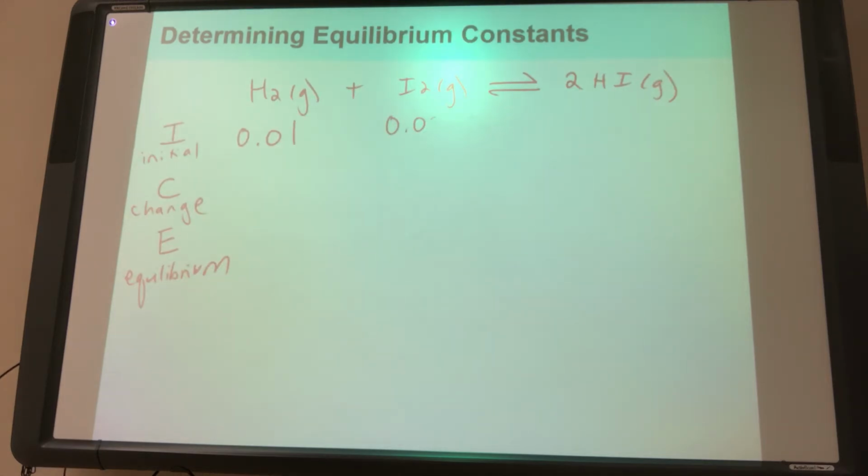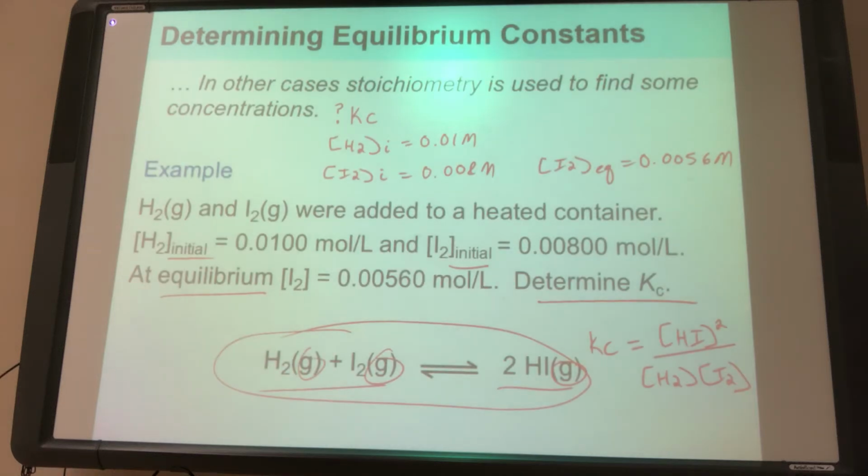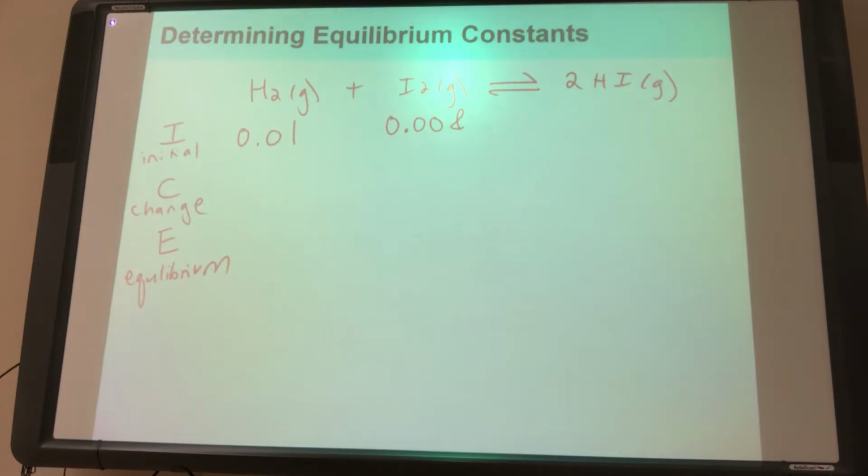Now we know this one, so for this it's 0.0056. We want to write it here, but we're also going to write it a little bit below the line. You'll see in a second why I'm going to do that. So that's everything I know.